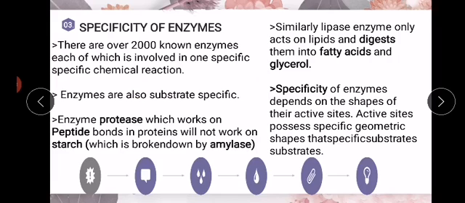But their specificity also depends on the shape of active sites. So how is the shape of active sites helping the enzymes to be specific? Active sites possess specific geometric shapes to which only specific substrates bind. Which means that the active site has a specific geometric shape.